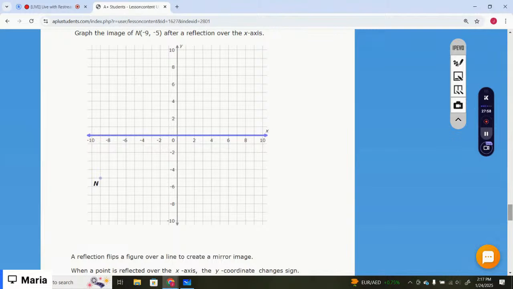Graph the image of N, -9, -5, after a reflection over the x-axis. So what are the new coordinates?